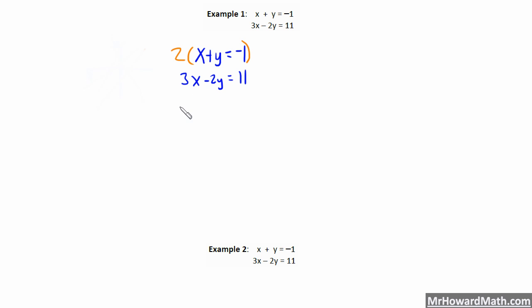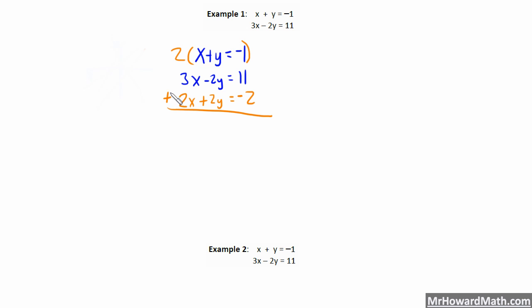So that's going to give me 2x plus 2y equals -2. Now I'm going to eliminate the y's. 3x and 2x give me a total of 5x.